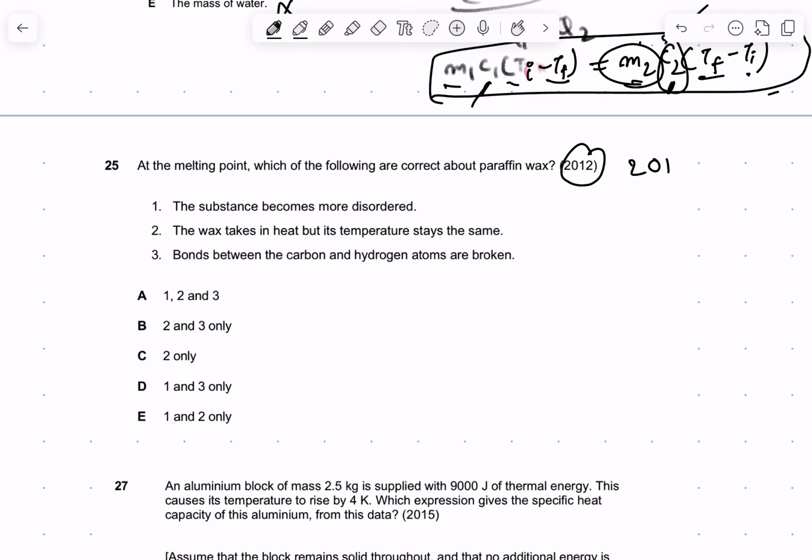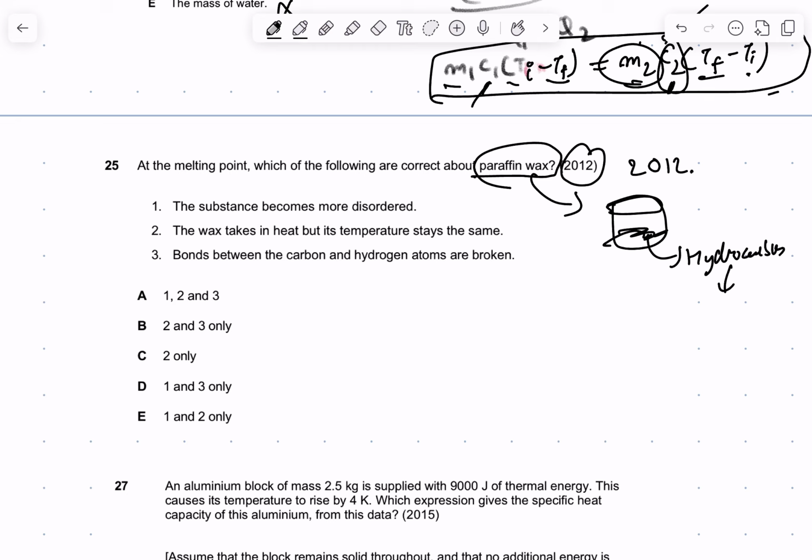2012 again. At the melting point, which of the following are correct about paraffin wax? And you know, paraffin wax is a compound made up of hydrocarbons. Are hydrocarbons attached to each other with an ionic bond or a covalent bond, Laiba?